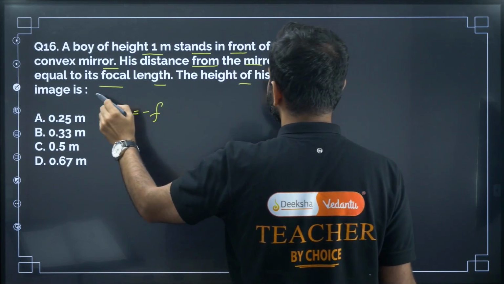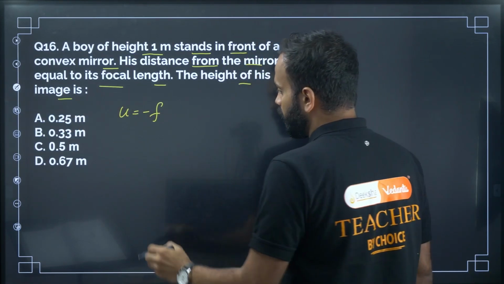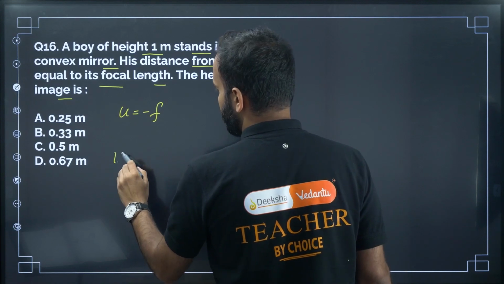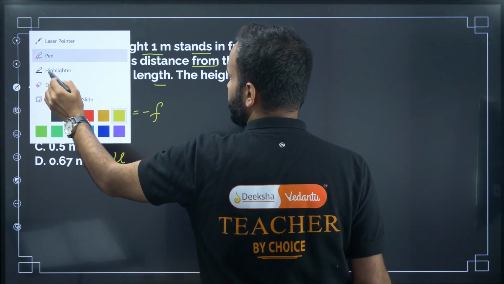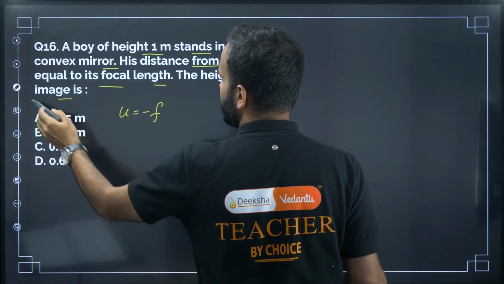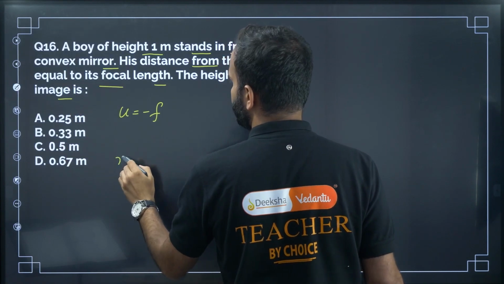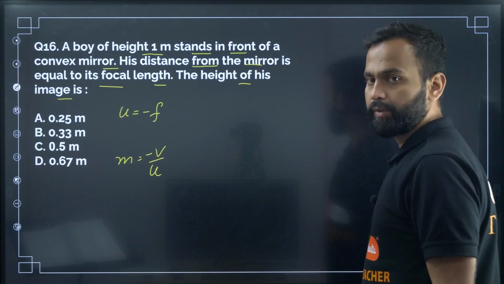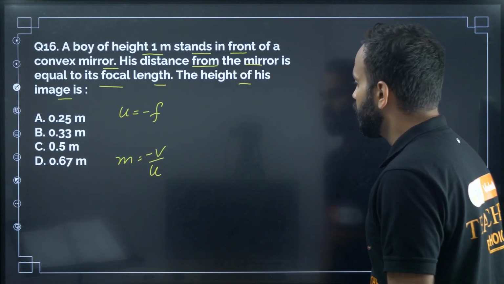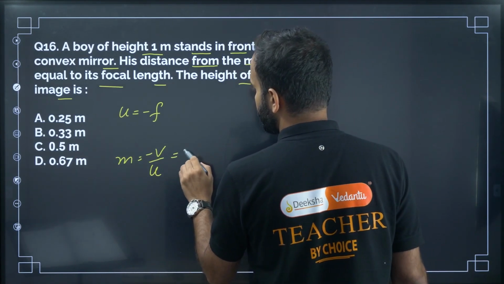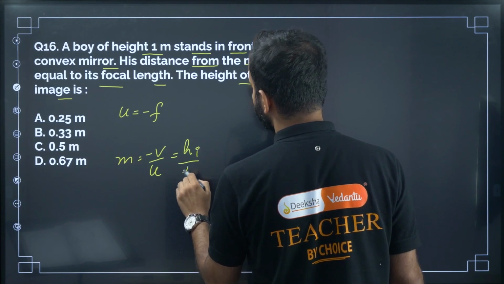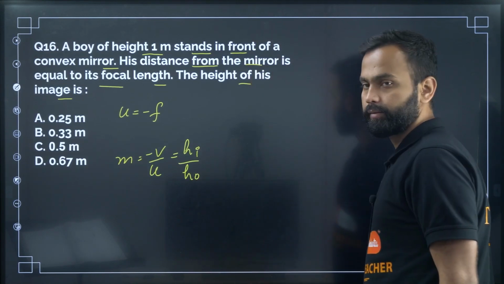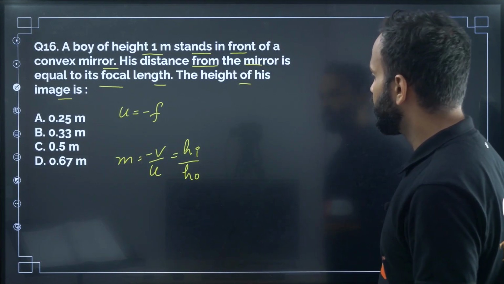The height of his image is, so we know that magnification of the convex mirror, m equal to minus v by u. And we also know that magnification is height of the image by height of the object.